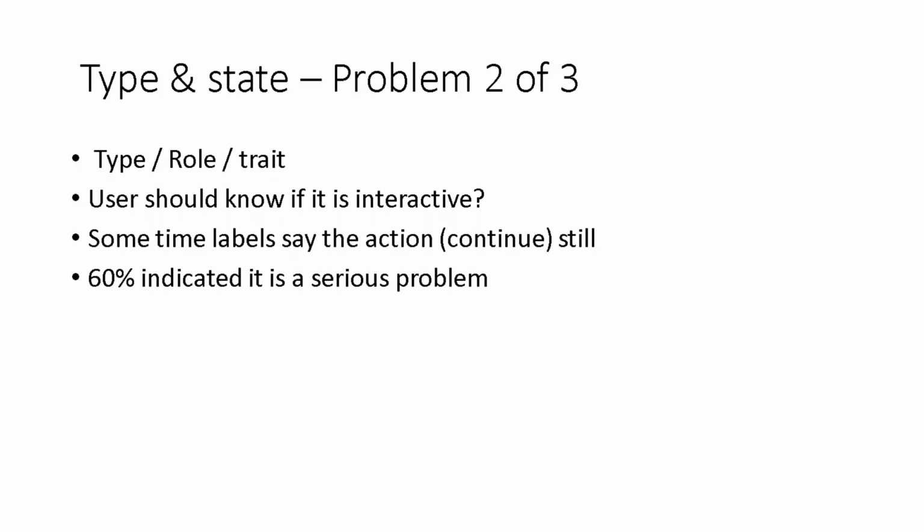Like Continue itself says that it is an actionable control, but I urge people not to assume that the label is sufficient for the user to understand that it's interactive. If we add a button role or trait to it, it will be obvious.